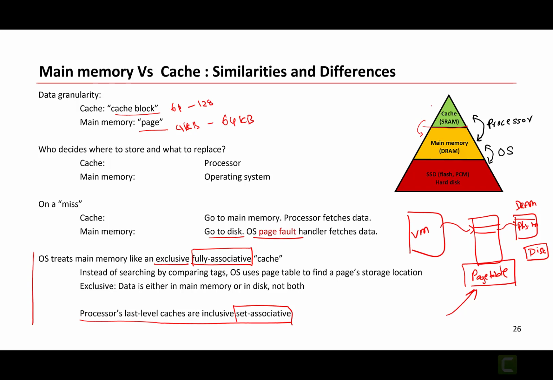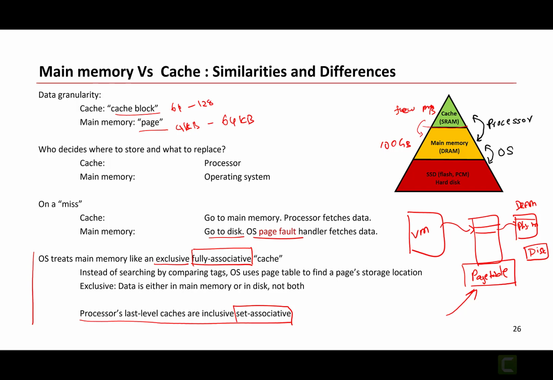Cache is only at most a few megabytes in size, the last level cache, whereas your main memory could be hundreds of gigabytes. So that's like 1,000 times, 100 times bigger than caches. So the fact that you're duplicating the contents of cache in main memory is not really that wasteful.